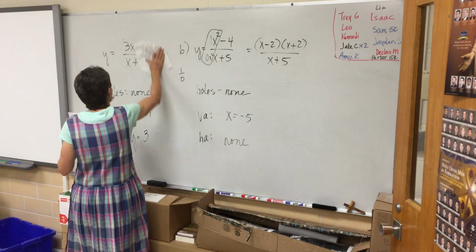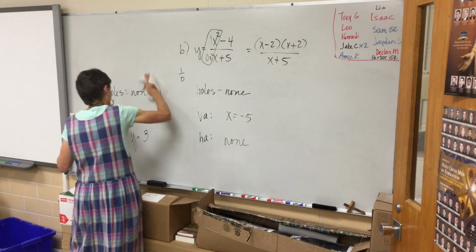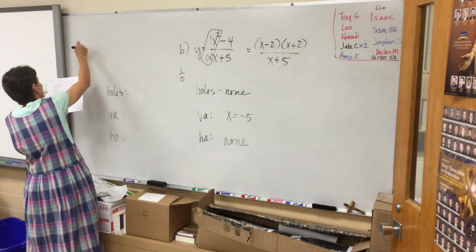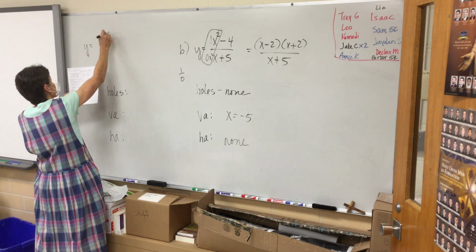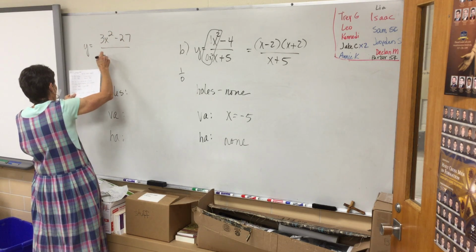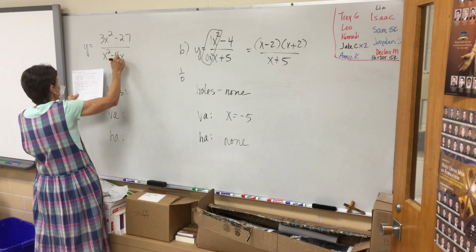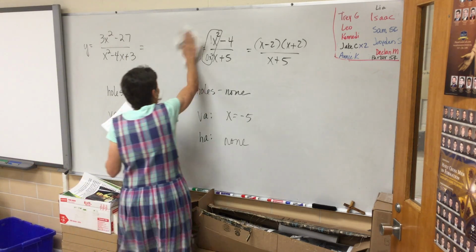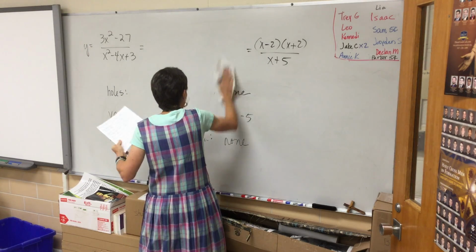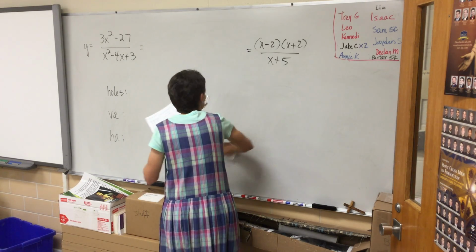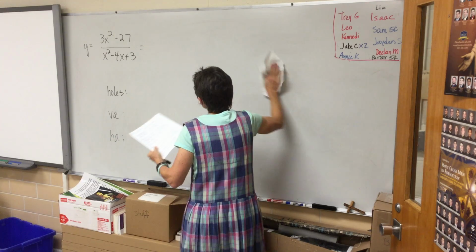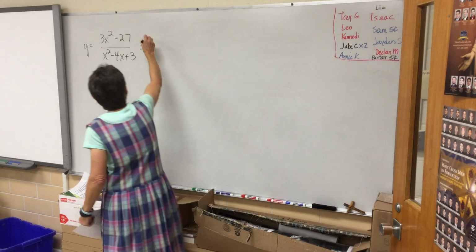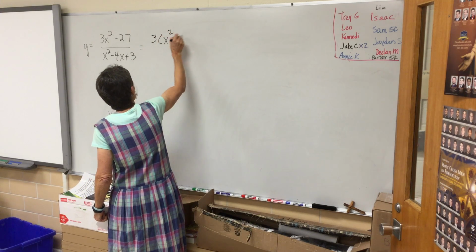All right, one more of those. This is a bigger problem. What do you suggest we should do here to get started? Factor the top. And might as well do the bottom too while we're at it. We've got to factor everything. What can I do to factor the top? Take out a 3. Very good. Always look for that GCF.